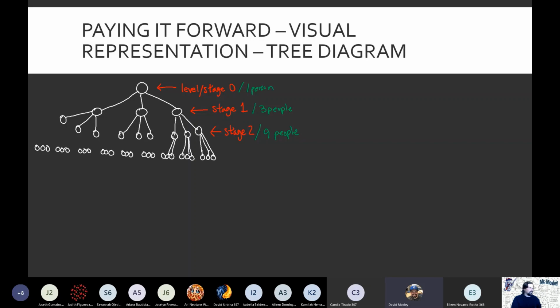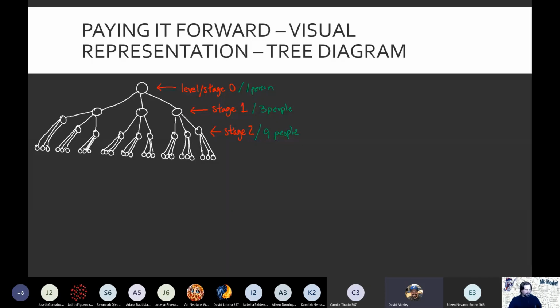After about this stage, it gets really hard to draw. But this also gives us a really nice visual on how quickly this expands. Gets really big really quick, as they said in the video clip.